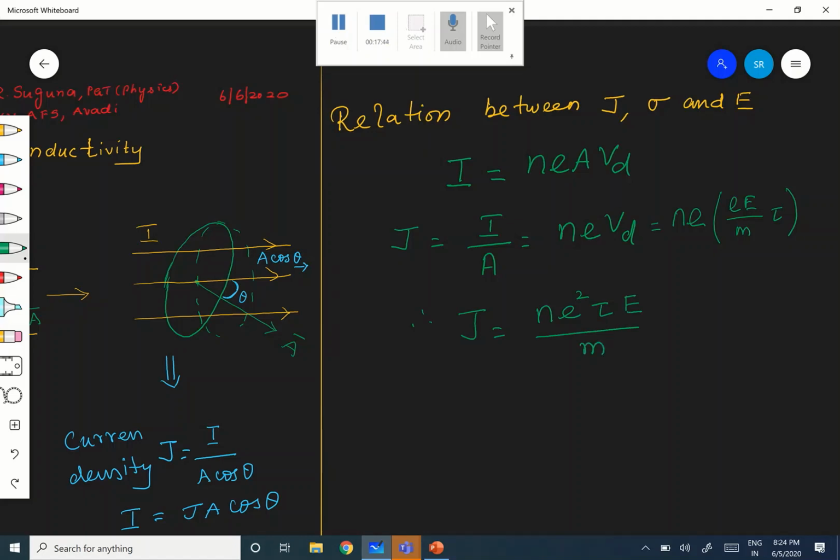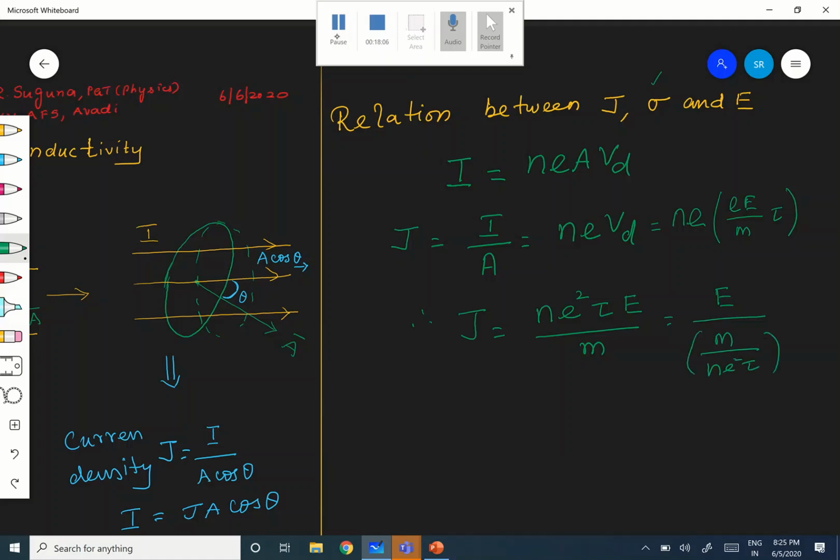Somehow I want to bring sigma in here. So I will write it in terms of E divided by m by n e squared tau.